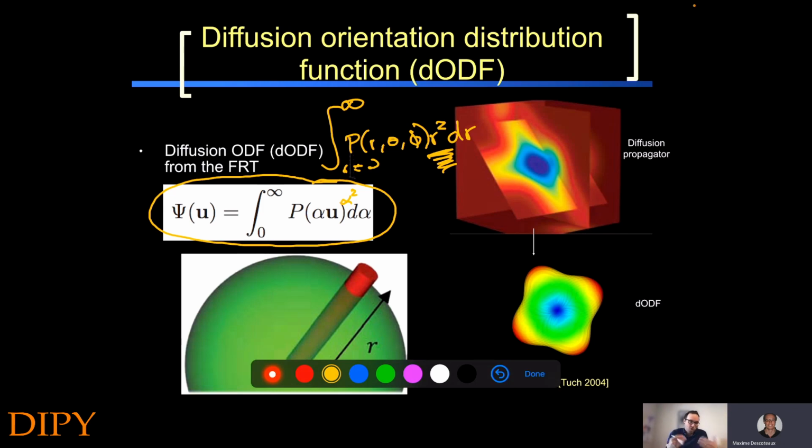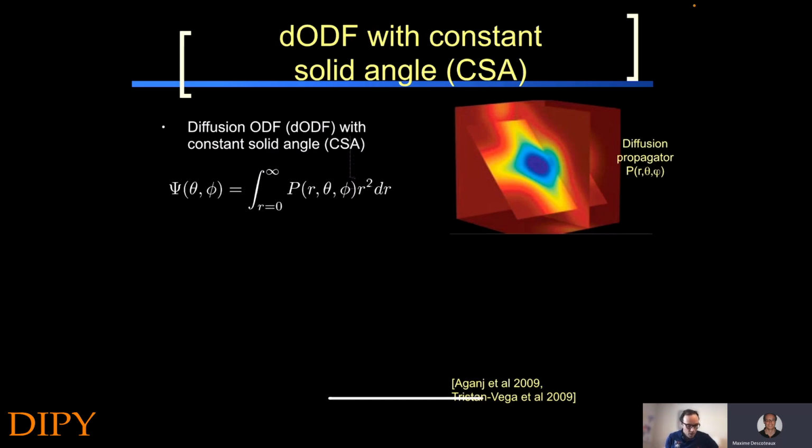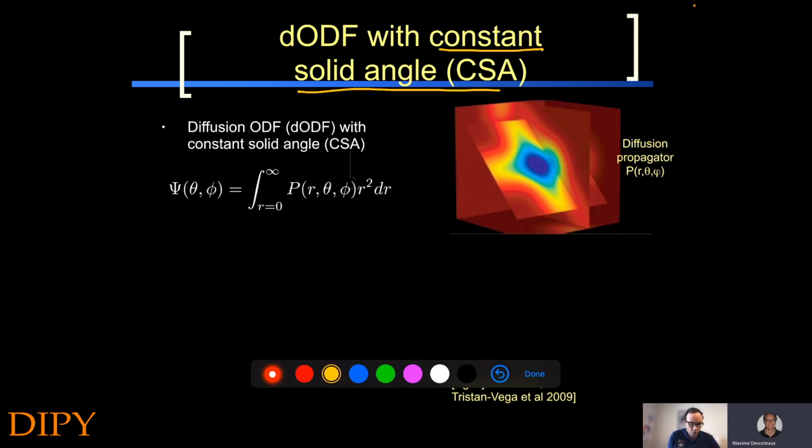So this was done consciously because we wanted to do diffusion ODF and QBall imaging from a single shell, right? The word QBall comes from q-space and a single b value in q-space. But to add this radial dependency to the solution, you have to assume something about the radial decay of diffusion. And that's what constant solid angle ODF does. It assumes constant ADC in time. It assumes the mono-exponential decay of the ADC.